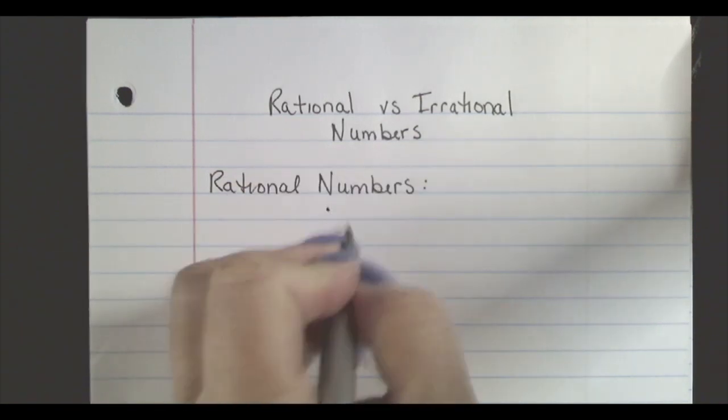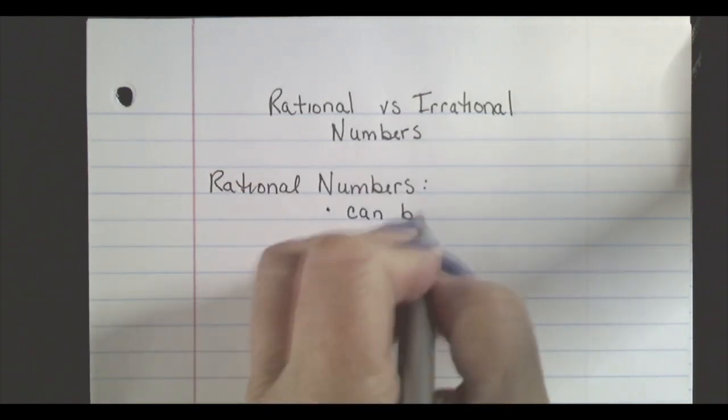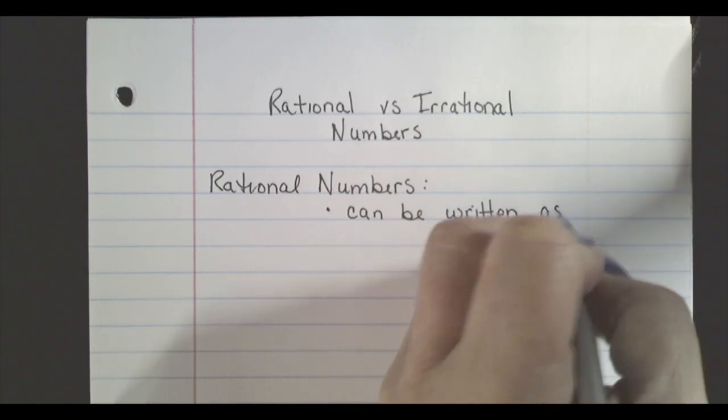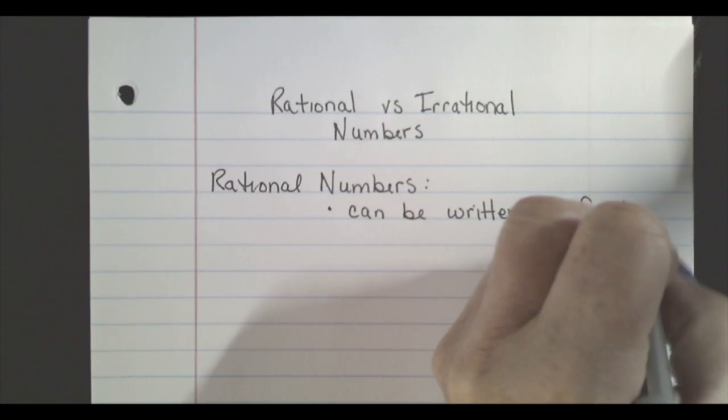Rational numbers can be written as fractions or decimals.